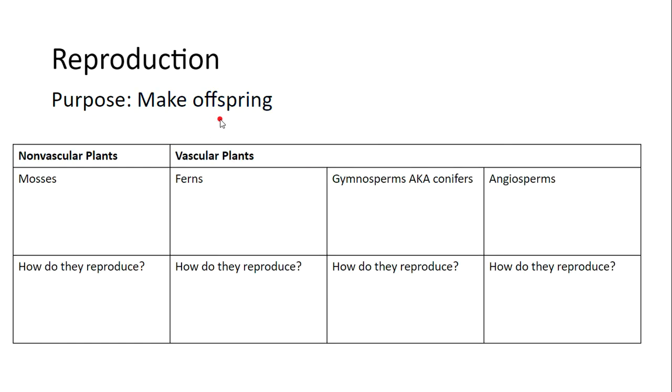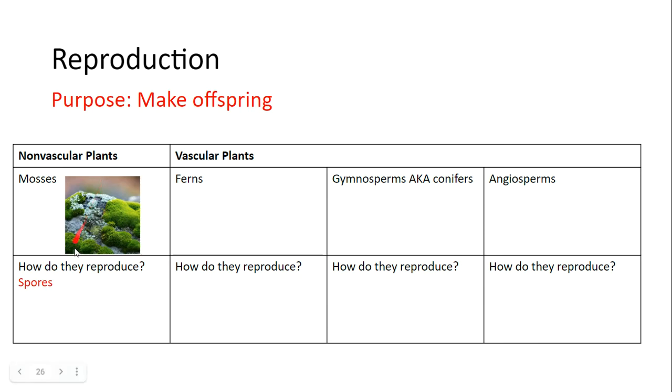So another adaptation for plants is how plants reproduce. Remember, the purpose of reproduction is to make offspring. Now, the type of plant we're looking at determines the kind of reproduction we're going to use. Starting with non-vascular plants, our mosses, they reproduce using spores.